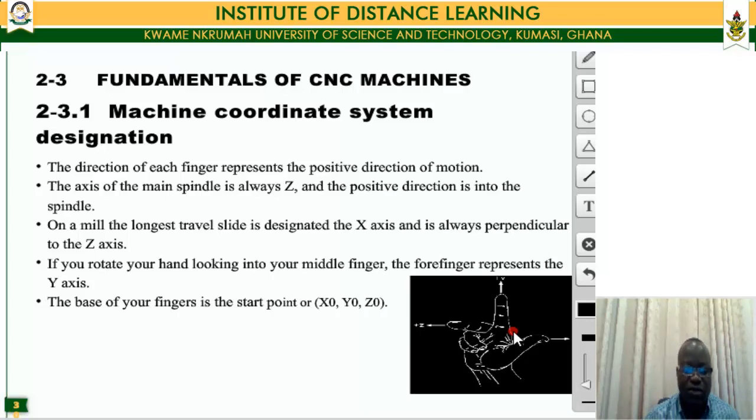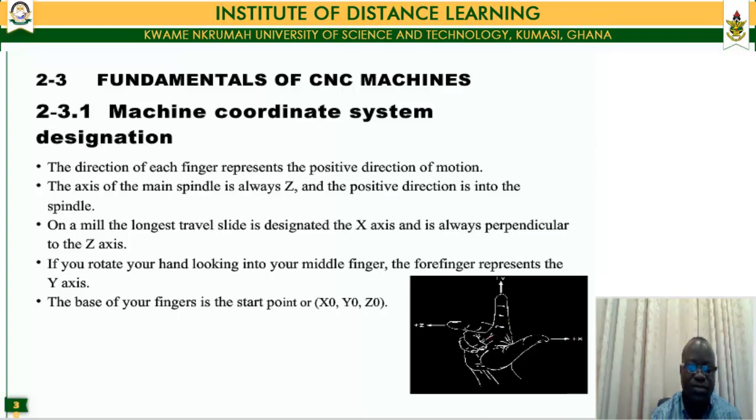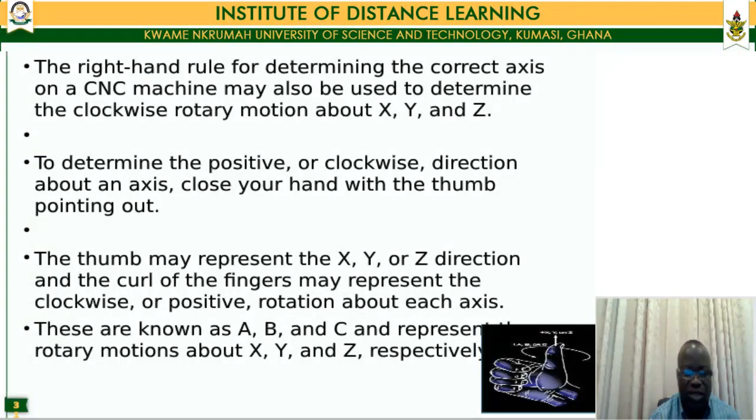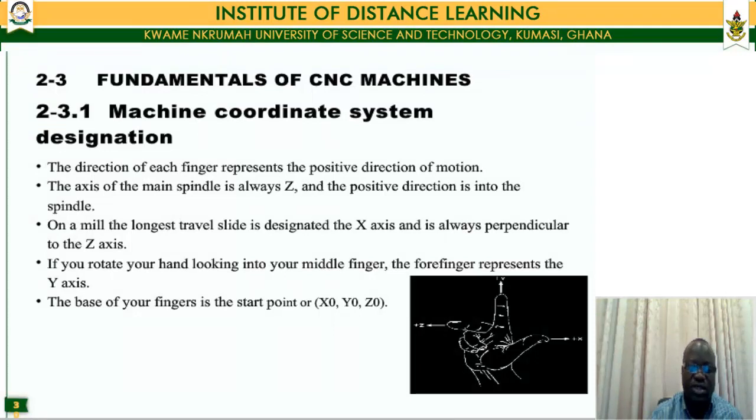Now, when we come to the CNC mill machine, that designation is a little different. If you take a CNC mill, the longest travel, that's the slide, is the x-axis.